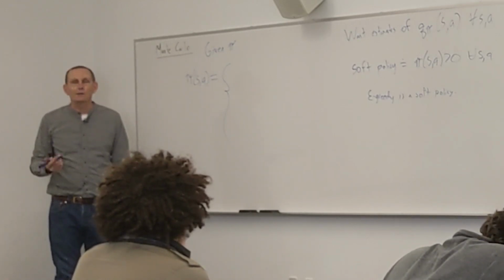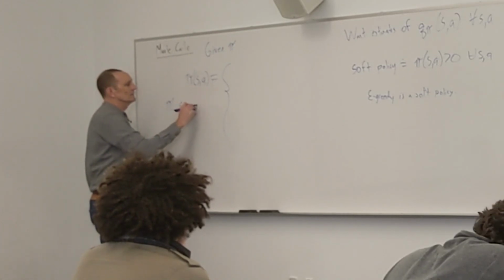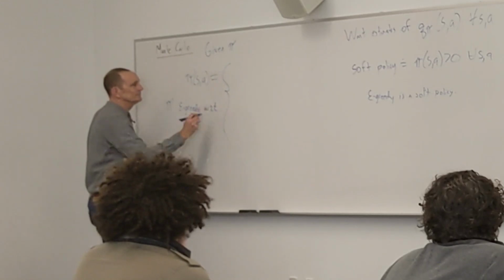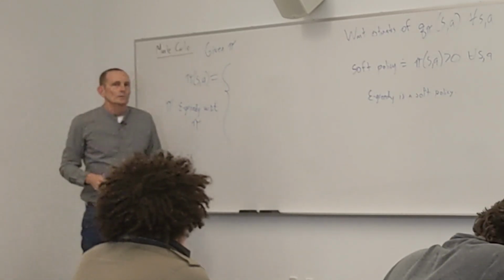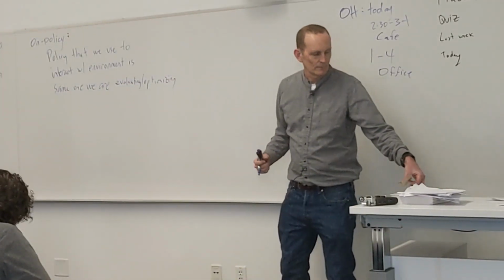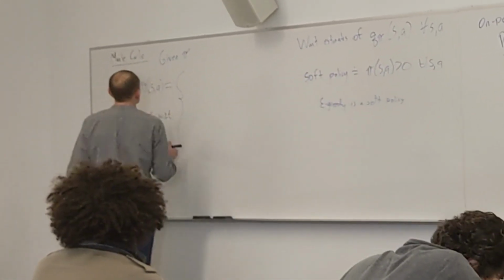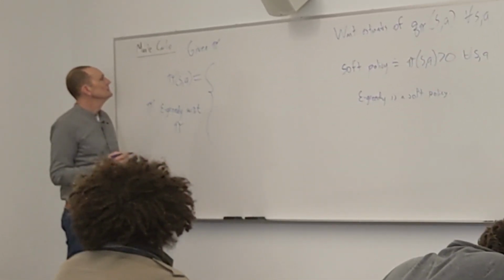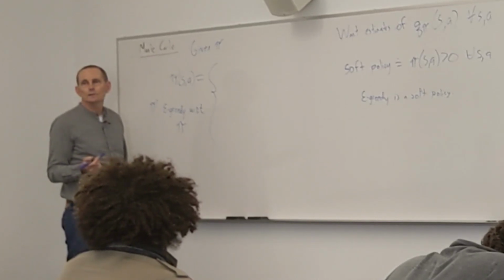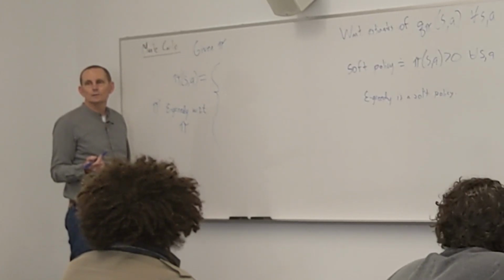So pi prime is epsilon greedy with respect to pi. So Shannon, how do we want to define this? Some fraction of the time you want to follow pi, and the rest of the time to act randomly.